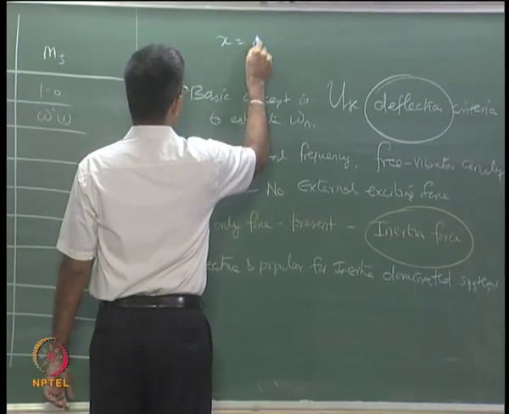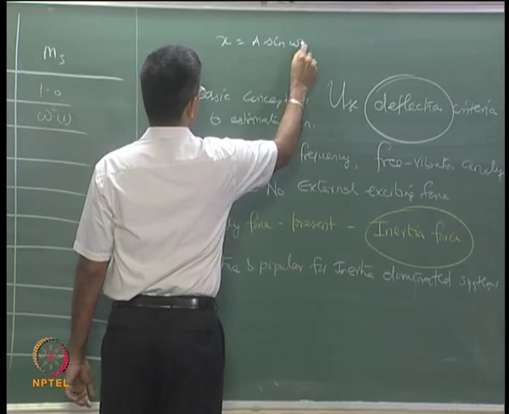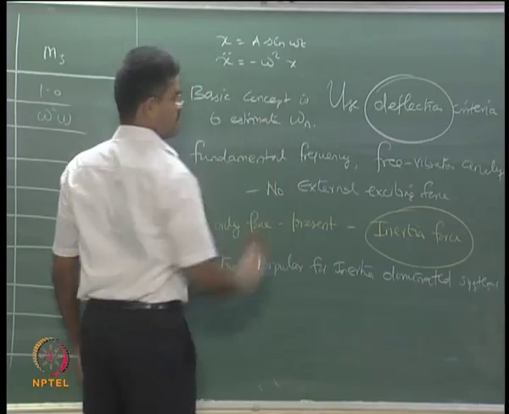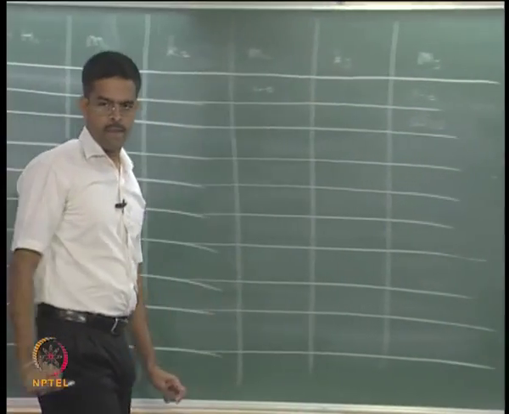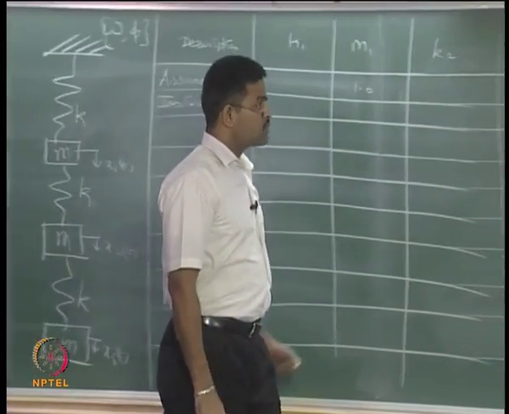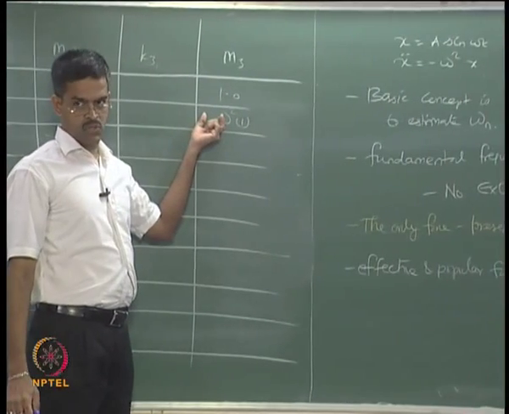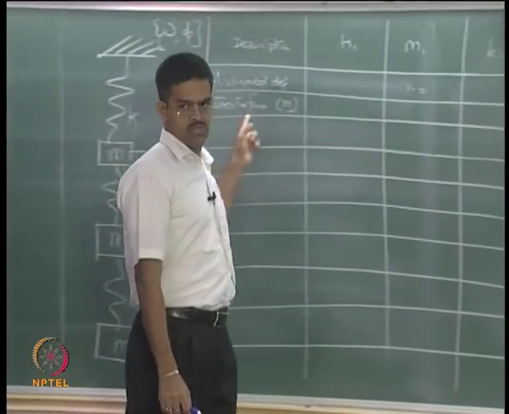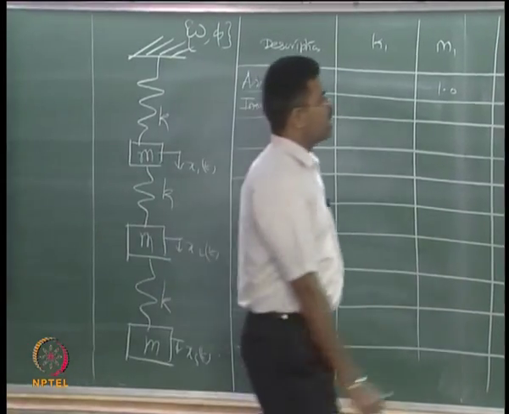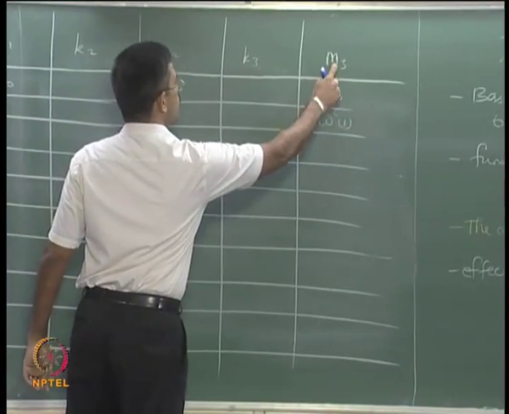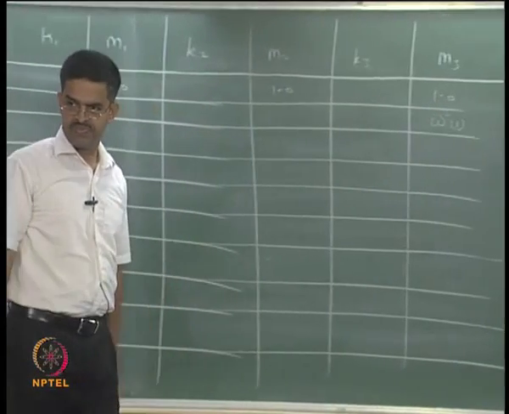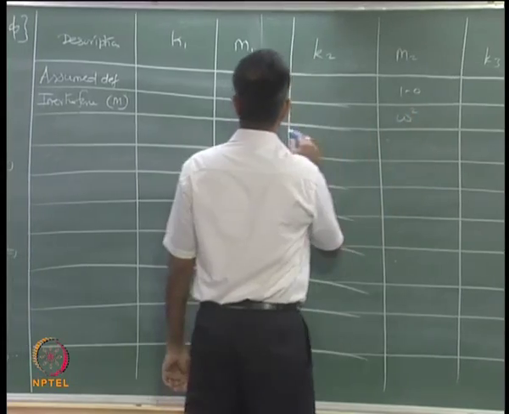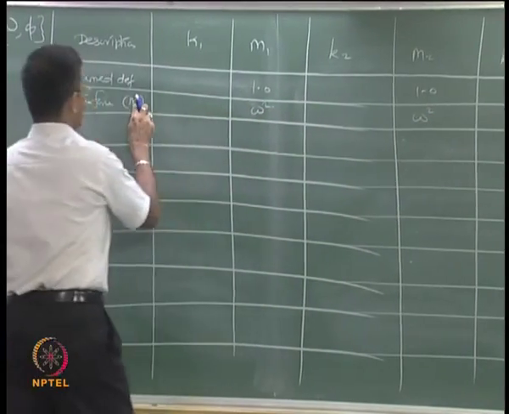If x is, let us say, a sin omega t, we understand x double dot is minus omega square of x. So omega square multiplier will be there with the inertia force, right. So I am using omega square for the inertia force here. This one corresponds to the value of mass, not this, and so on. So omega square again and omega square again. There is a multiplier m here.